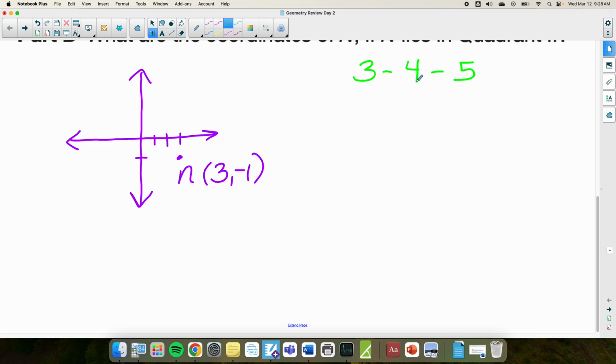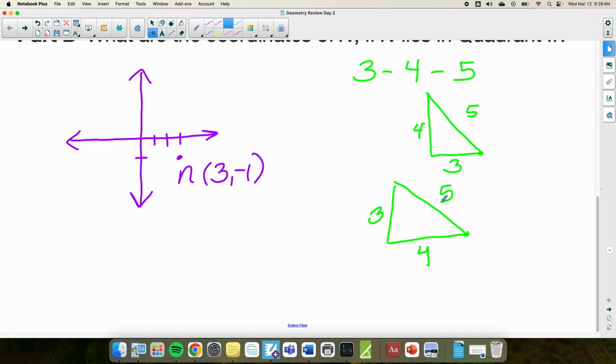So now, when it's a 3, 4, 5, we could move that over 3 and up 4, and this would be 5. Or we could move it over 4 and up 3, and it would be 5. So you have to take both of those into account.